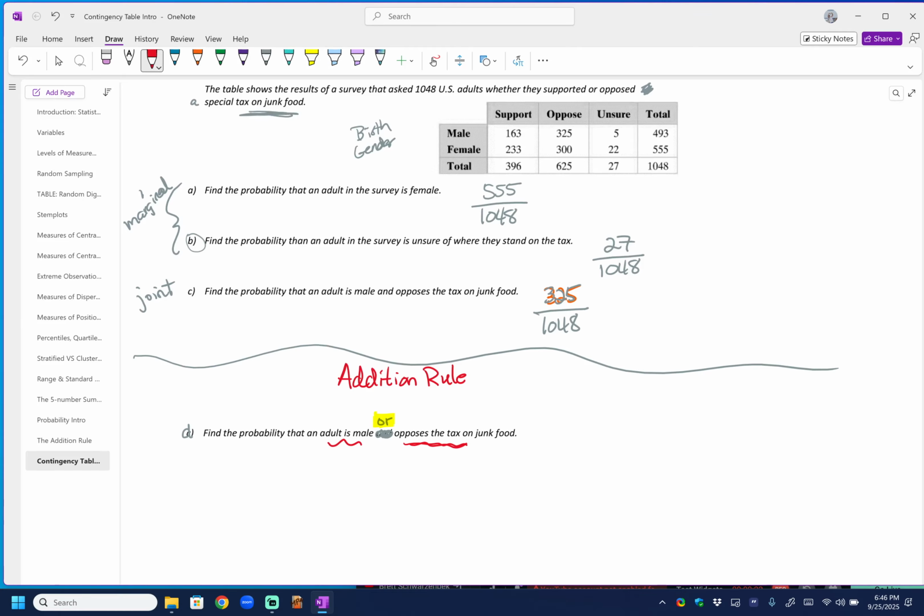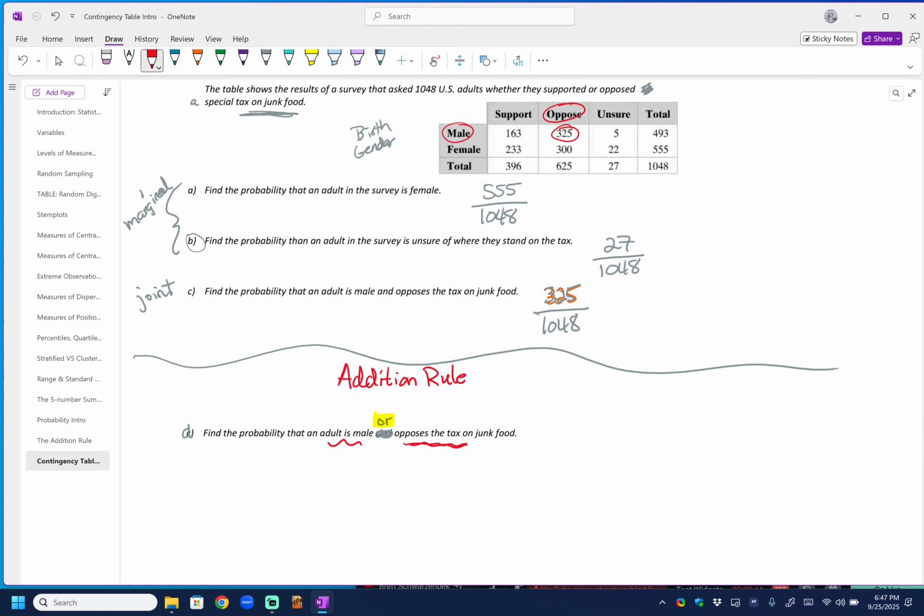One of them is for disjoint events, and one of them is for joint events. Well, if you look at these two variables, male and oppose, we clearly have 325 that fall into both, which means there is an overlap. If there's an overlap, we're dealing with joint events, so therefore we must use the larger addition rule.